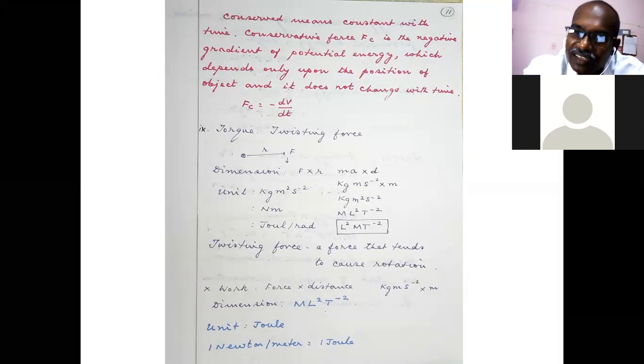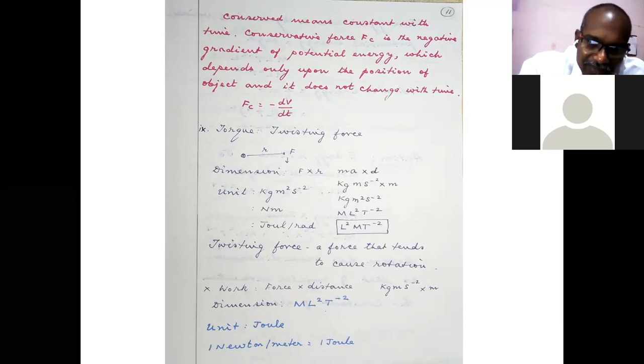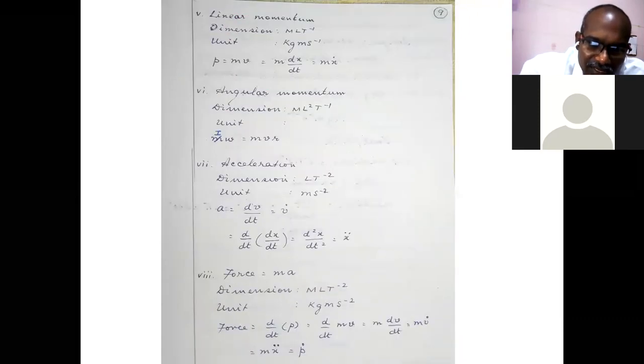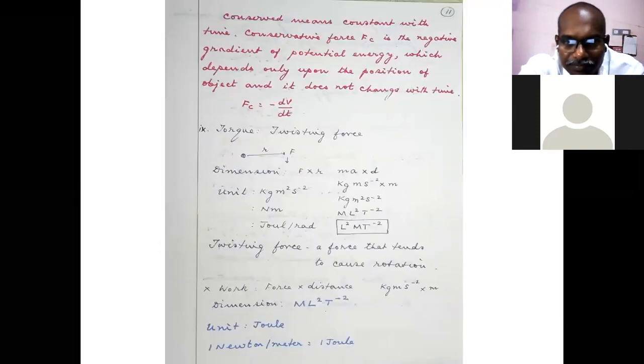Conservation means something does not change with time. When time goes on, the quantity remains the same. It is called conservation. So a conservative force is the negative gradient of a potential energy, which depends only upon the position of the object, and it does not change with time. It is called the conservative force.